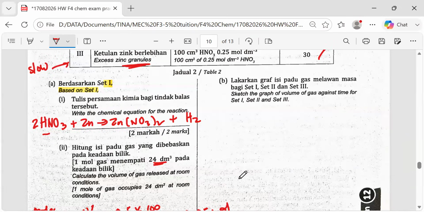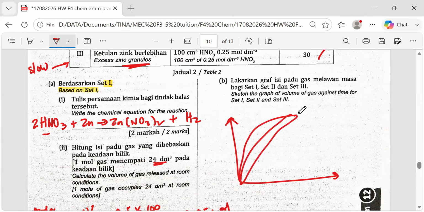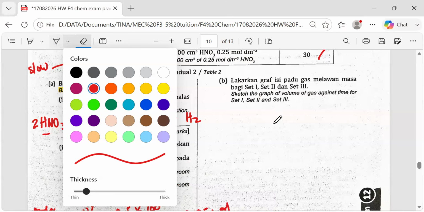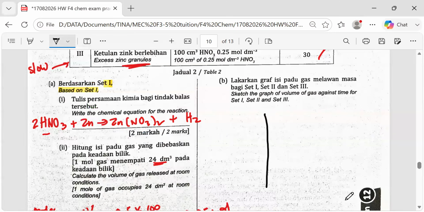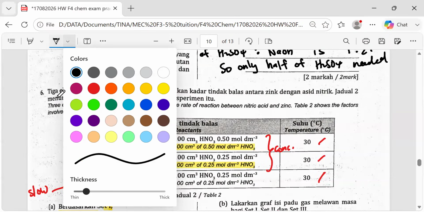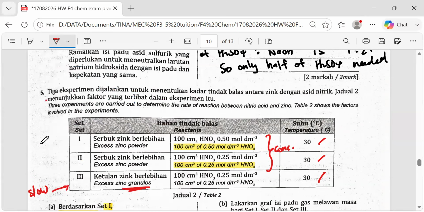Okay, now, if you do this, answer's wrong. Why? It's not about that. You see, the volume of this will be 600 centimeter cube.